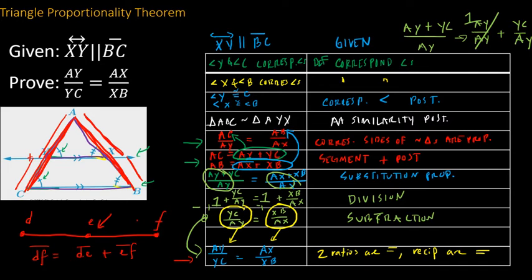Now, again, I know my presentation kept going kind of wonky through that, and I apologize, but let's recap. We took our given information, what we knew about that parallel relationship between x, y, and b, c. We used that to establish similar triangles, right? We said, okay, well, since we have this parallel stuff, we know that we've got some corresponding angles.